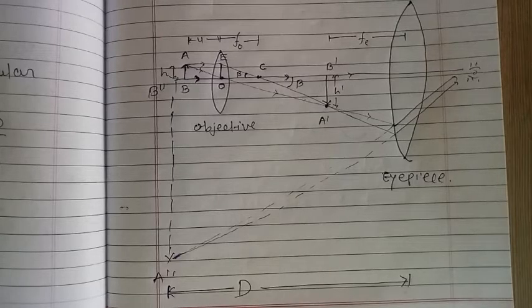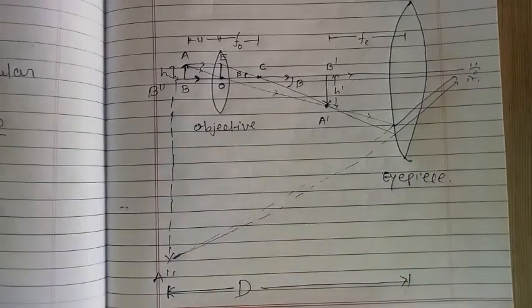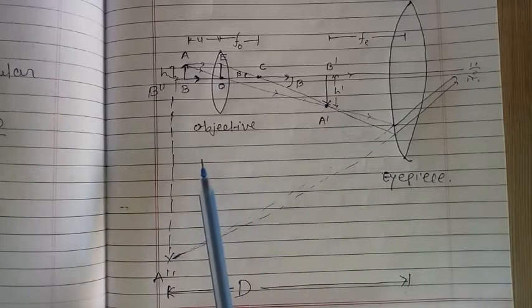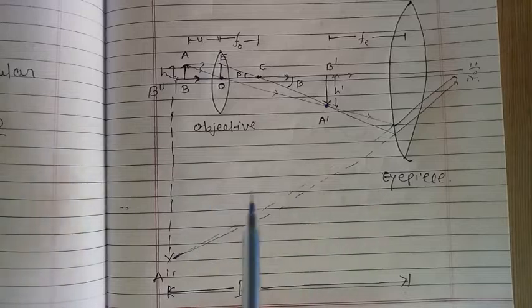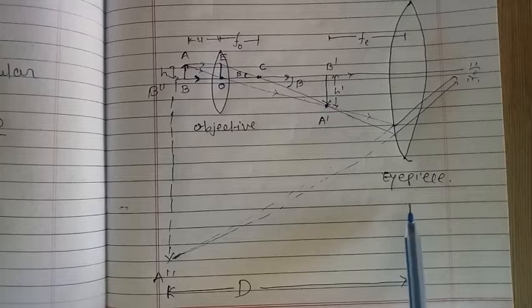If the object is at the focal plane, or we can say focal length, then m is equal to d by f. But here there are two lenses, so we can say there is a combination of lenses, right? So here we have to prove the magnification for the objective and the magnification for the eyepiece, right?